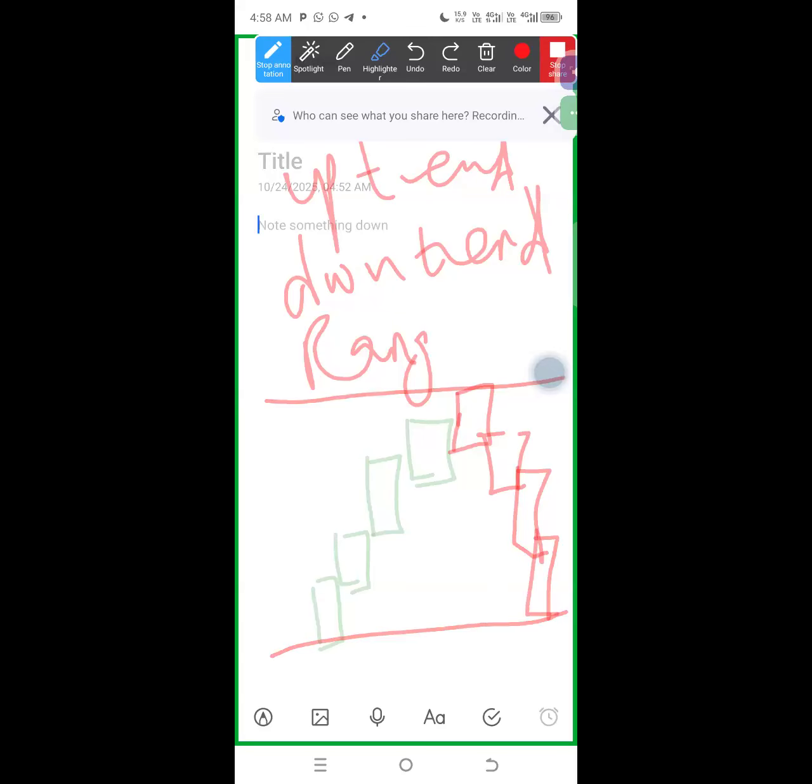Now, looking at this range where we may place support and resistance, the last time someone asked the same question, and I said this. Some decide to place it exactly on the wick. When you talk of the wick, this is the wick of a candle.